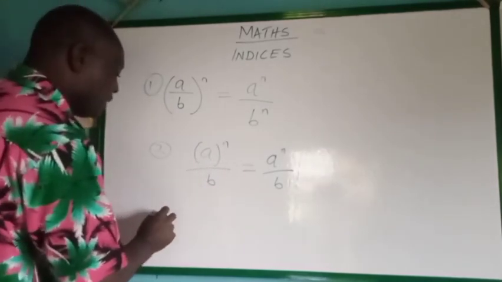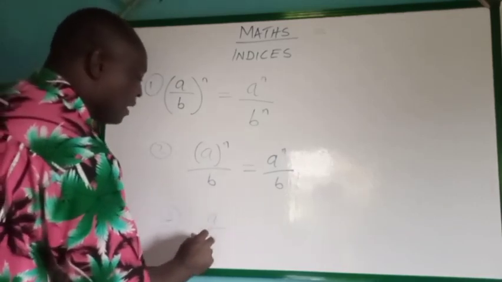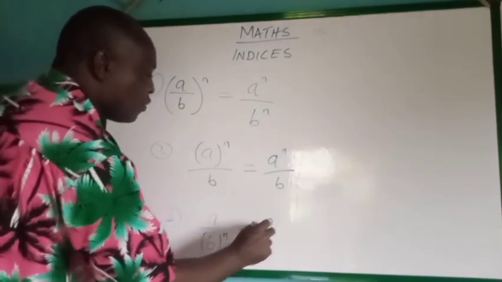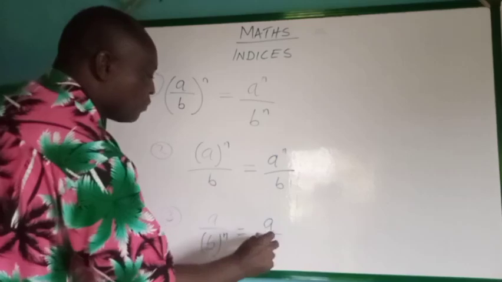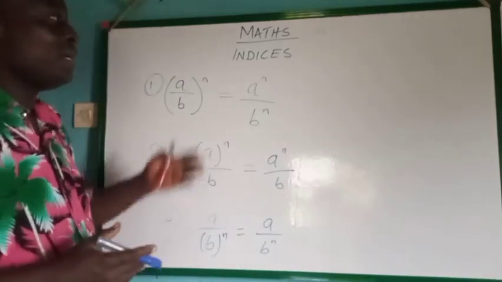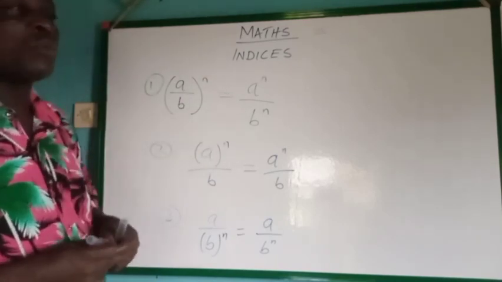So the same thing goes for a situation like a all over (b), this raised to power n. So only the denominator will be affected, b raised to power n. So that is what I want us to know today. Then we are going to have one or two numerical examples for this.